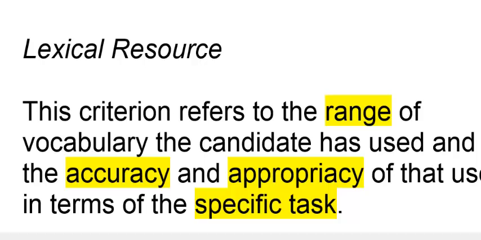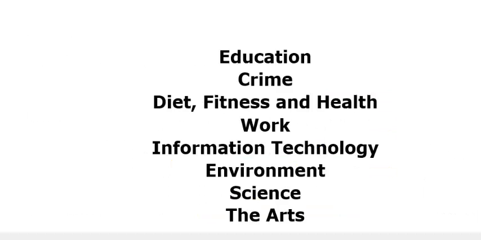But one of the techniques that you can use to expand your range of vocabulary and appropriacy is actually to study the very common topics that come up in IELTS Task 2 writings. Here are some of the really common topics: education, crime, diet, fitness and health, work, information technology, the environment, science and the arts.